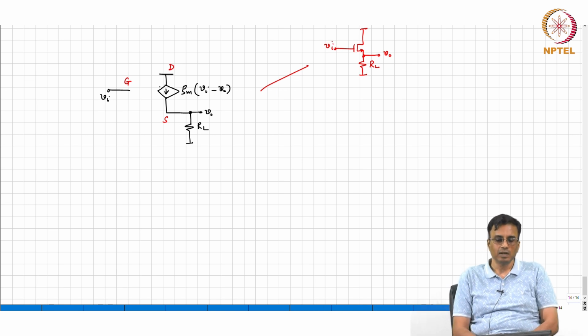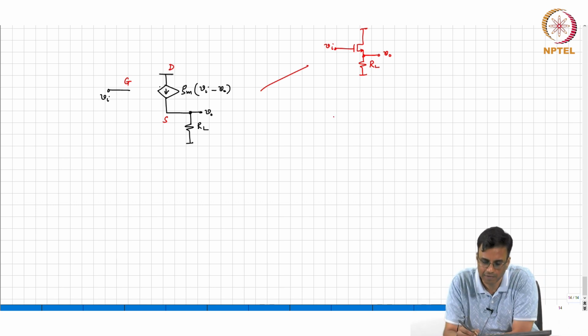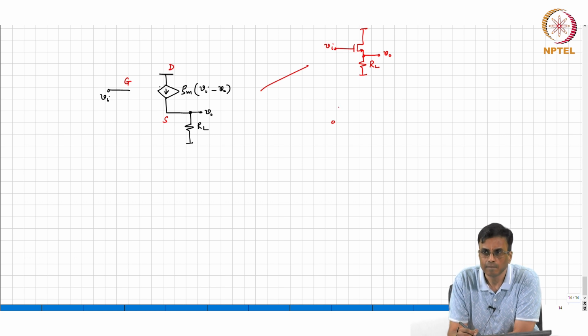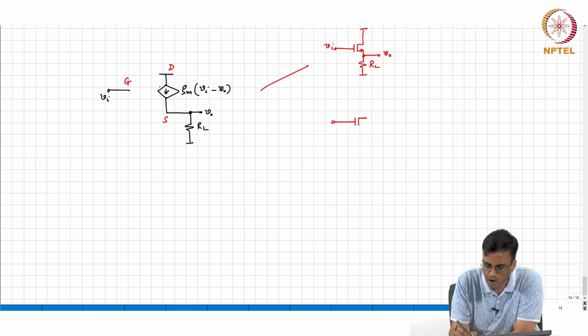But remember that the incremental circuit of the PMOS transistor is the same as that of the NMOS transistor. So, there is no reason to identify that transistor as being only NMOS. You could think of it as being a PMOS transistor.